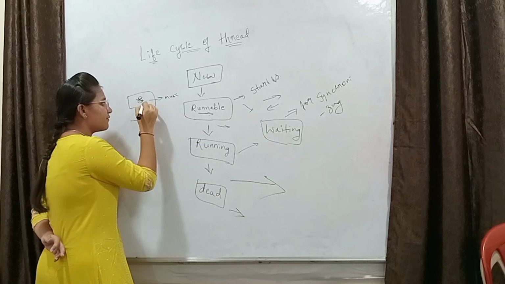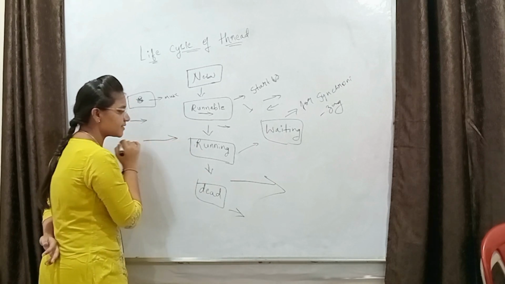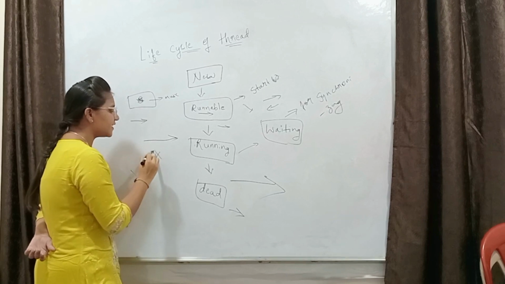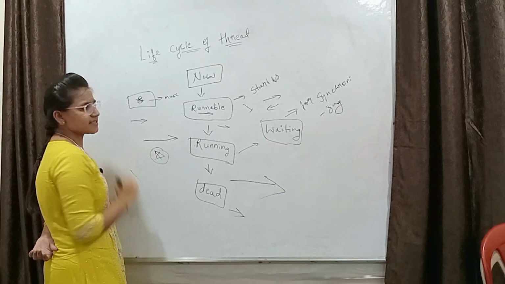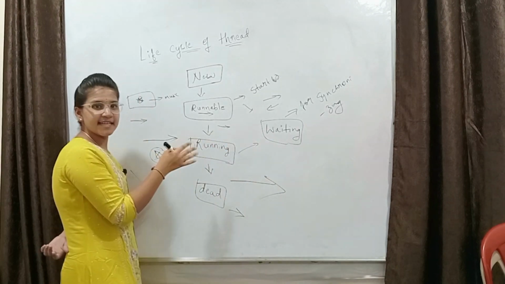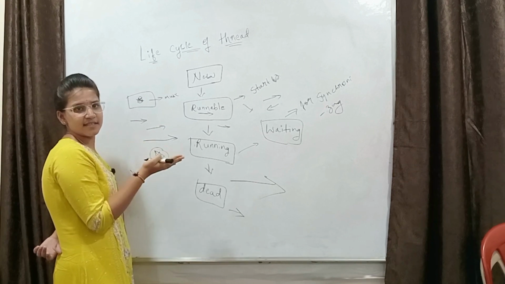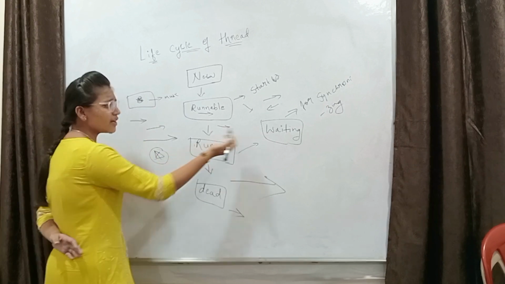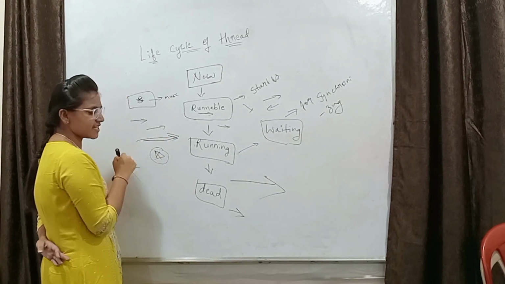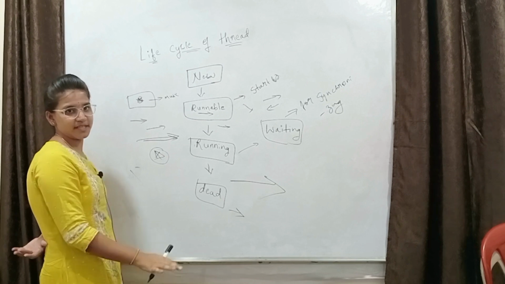While it is playing, from runnable it comes to the running state. If in between we pause the music, it will be in a waiting state. Until we start it, it won't start. Otherwise we can change the playlist. Once the music is over, it is in a dead state. This is the life cycle of the music.